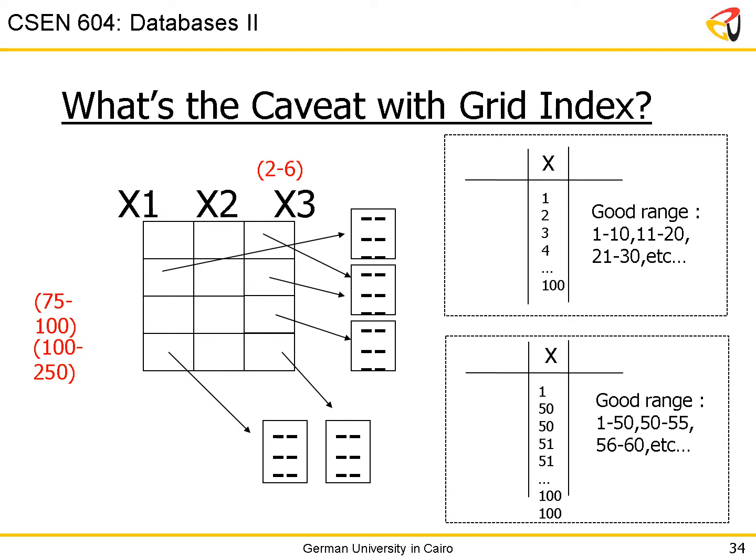In fact, I would even modify my performance analysis here to say it's not going to be exactly 2 log n, it's going to be some 2 log m plus some k processing, because if we work with ranges, the number of ranges are going to be much smaller than the number of entries.